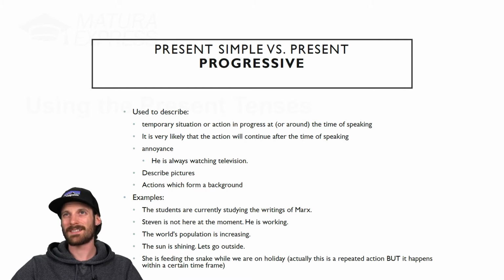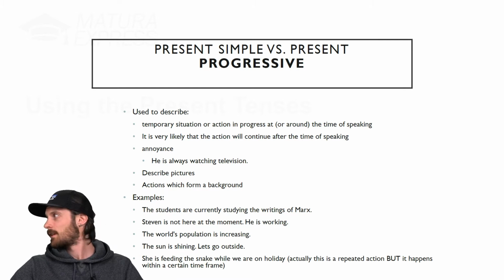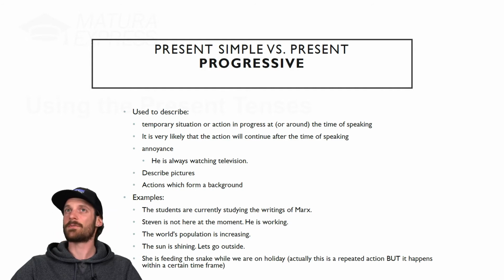But of course, it's not really that easy to differentiate going to and the present progressive. But present progressive is something that is even more fixed than the going to, I'd say.